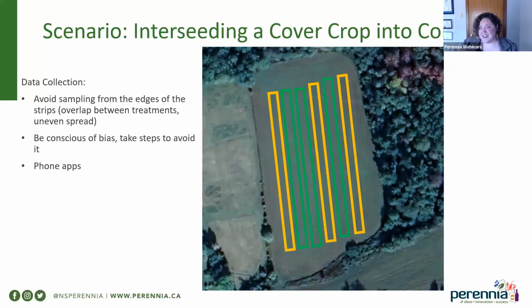And subconsciously, you're like, I'm going to measure here because it looks really good, and you want to get a difference. You want to get an interesting reading. So if you can, it's important to take steps to avoid that bias.